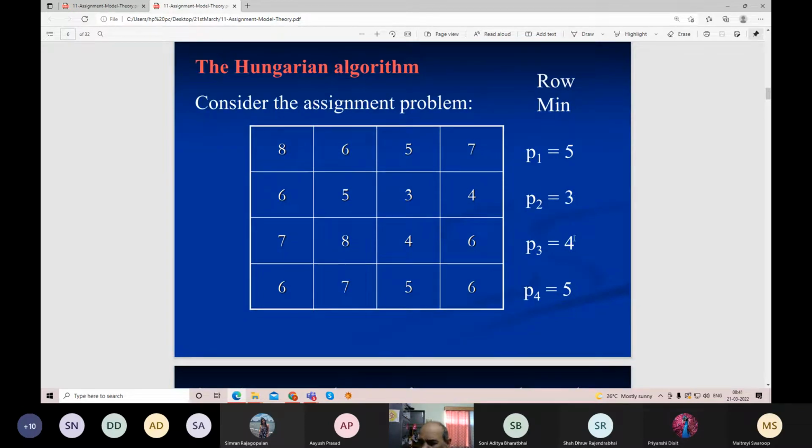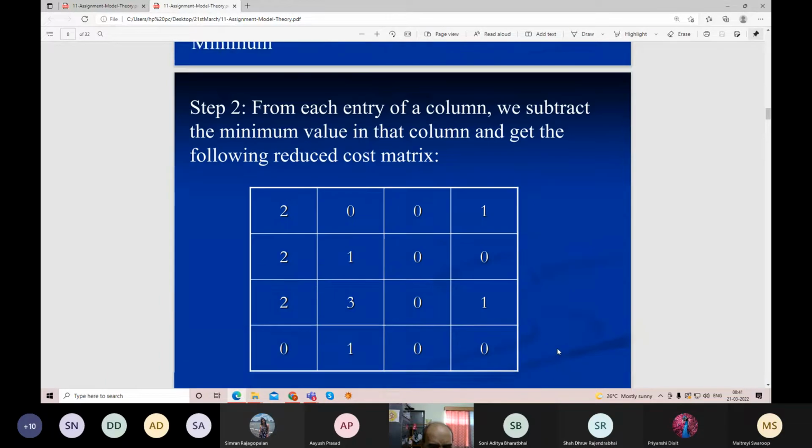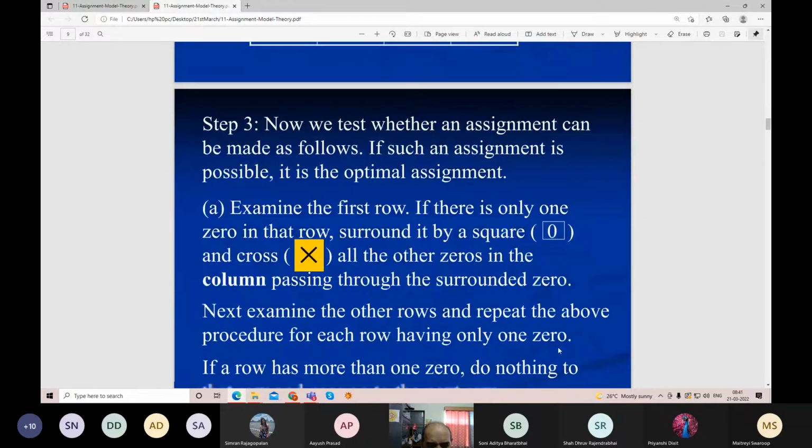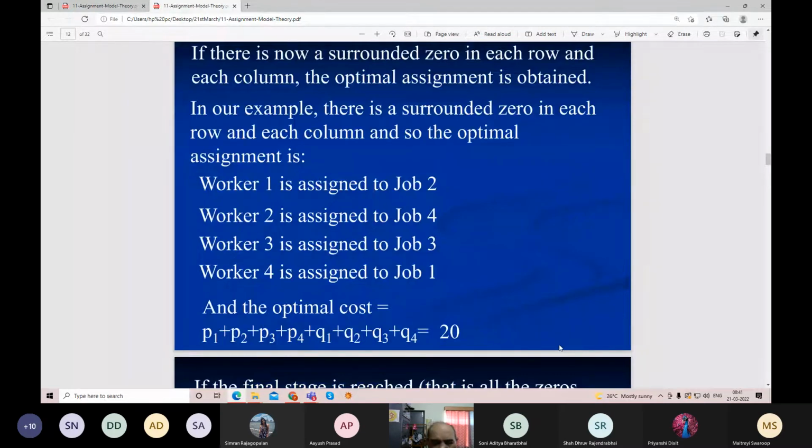So 8 plus 4, 12 plus 5, 17, and 1, 1, 1, 17 plus 3, that is 20 units. So altogether, our minimum cost to perform all the jobs by the 4 workers equal to optimal cost equal to 20 units.